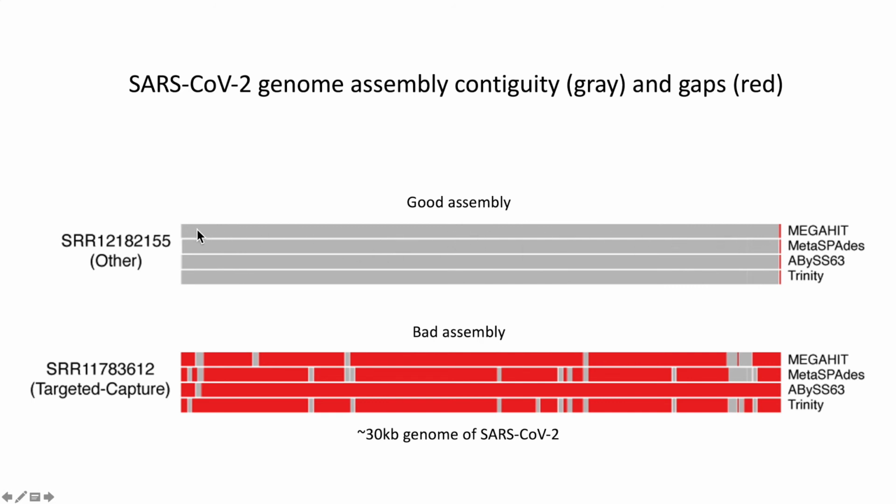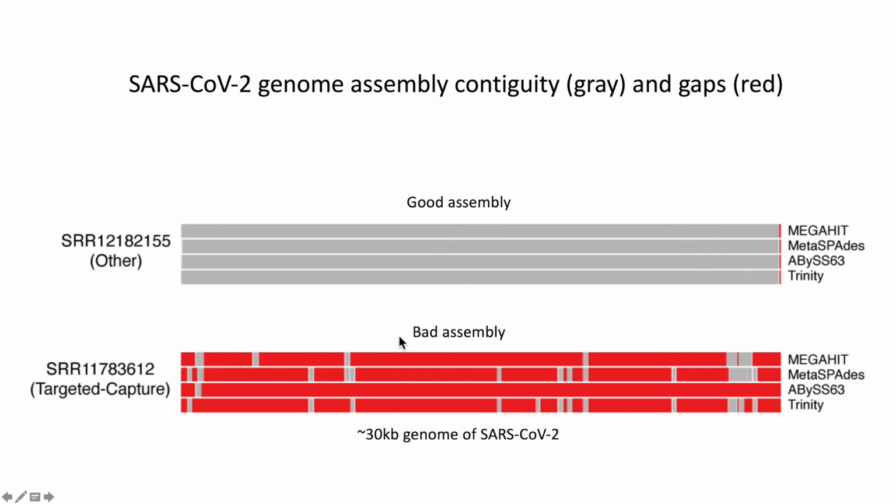The gray color indicates the contiguous assembly, meaning this region is assembled, whereas the red indicates a gap in the assembly. This region was not assembled. Here, all 4 software tools were able to assemble 99.99% of the genome.